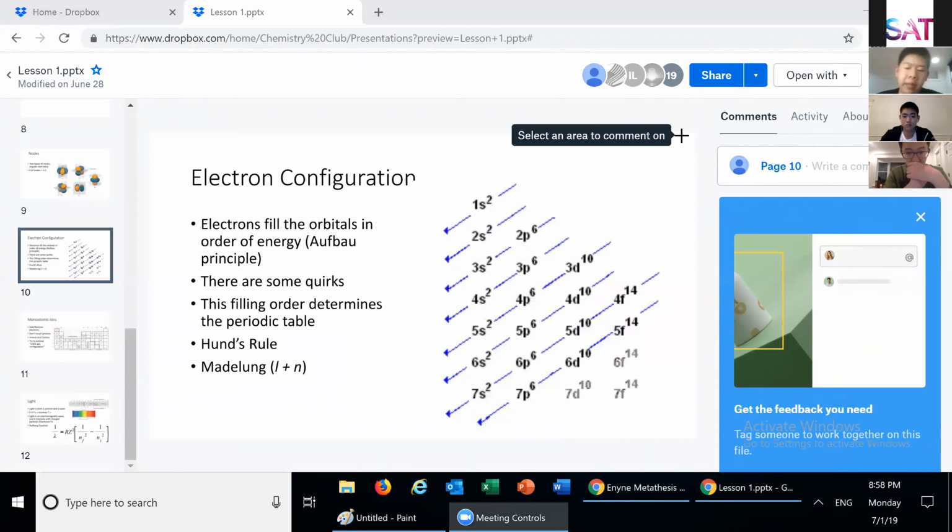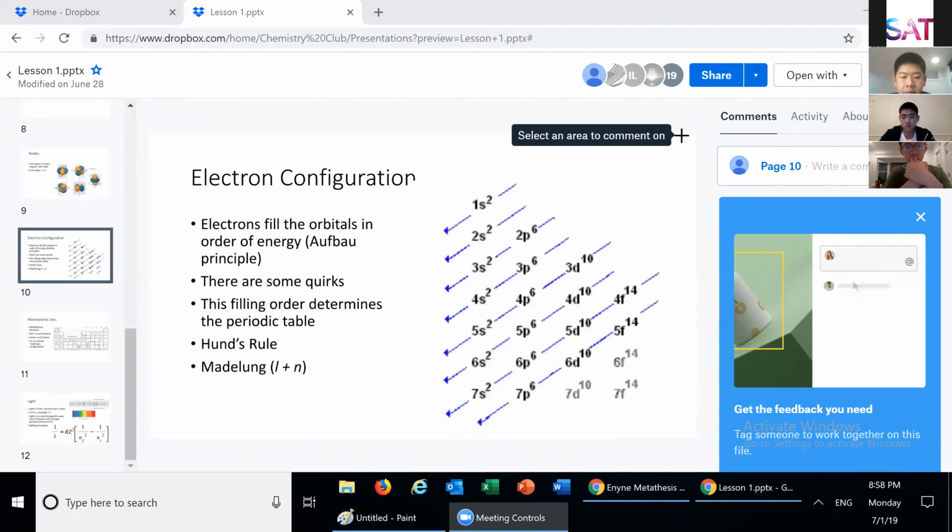There are some inconsistencies in this order, but we don't need to know about that right now. This filling order really determines the overall structure of the periodic table.